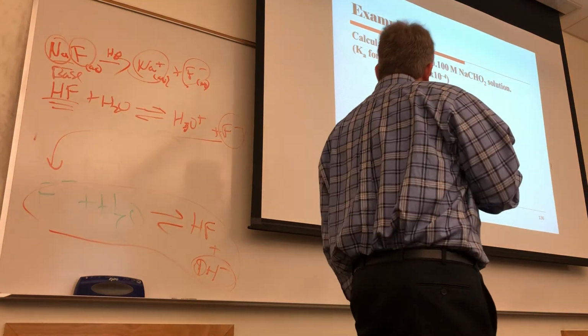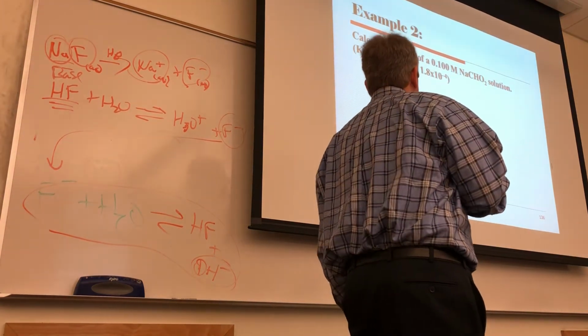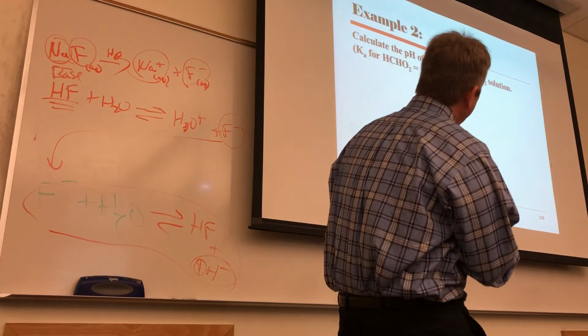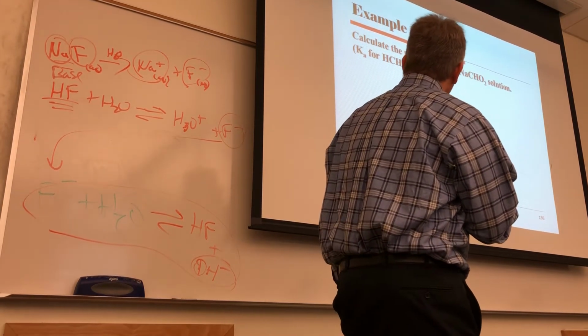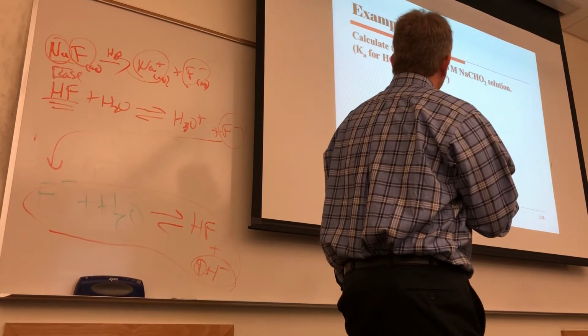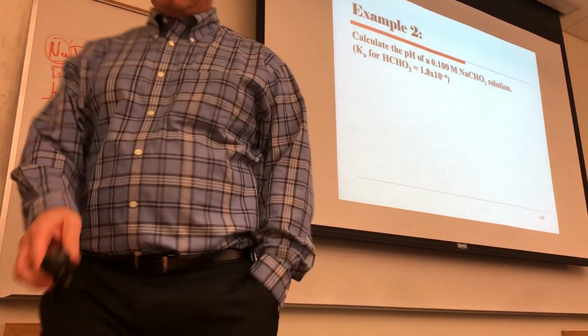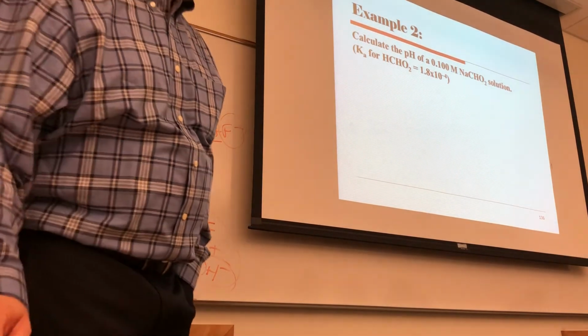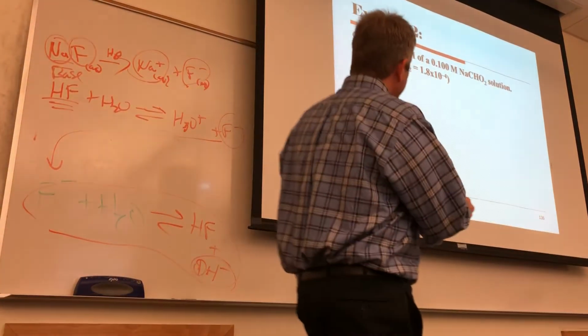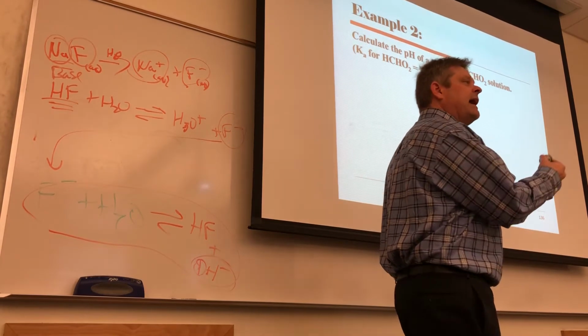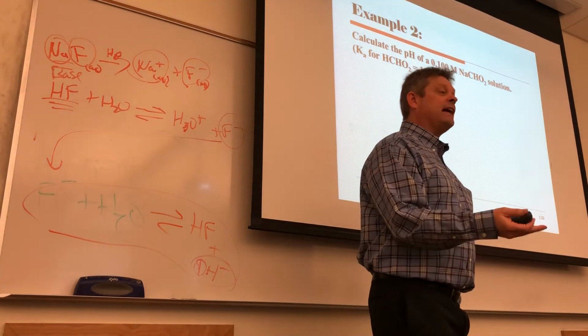So, now the new question here. Calculate the pH of a 0.1 molar sodium CHO2 solution, and I give you the Ka for this. Okay. What I want you to recognize here are 2 things. I'm giving you the Ka for the base acting as its acid, because that's what a Ka is.